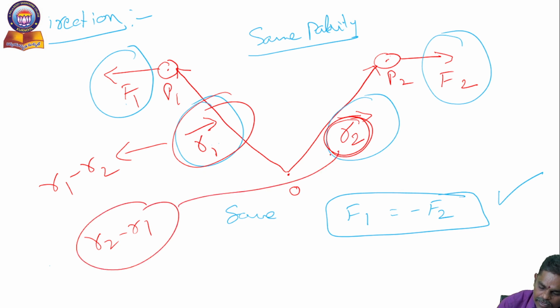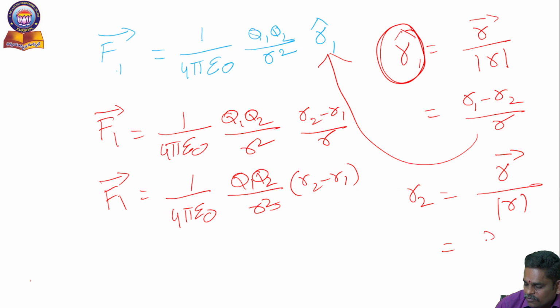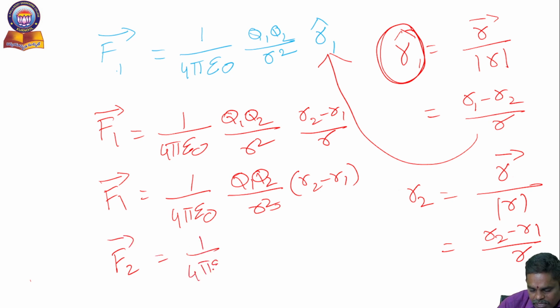So here our equation is R2 minus R1 by R. So for F2 it should be 1 by 4 pi epsilon naught Q1 Q2 by R cube.